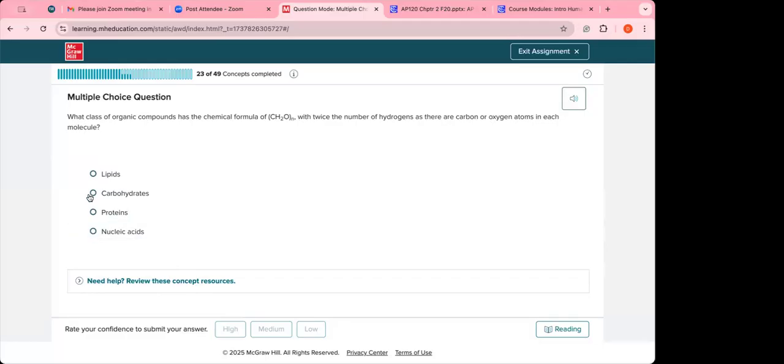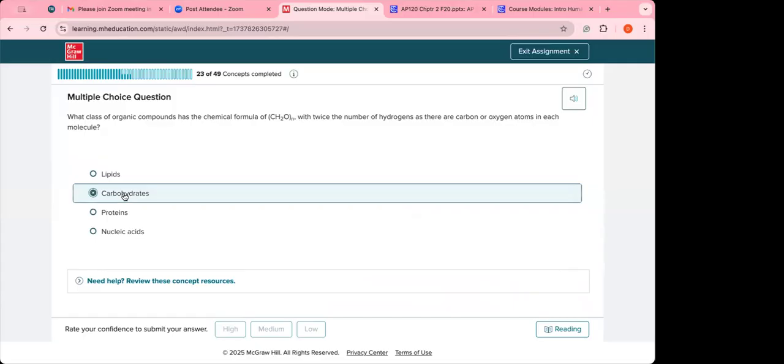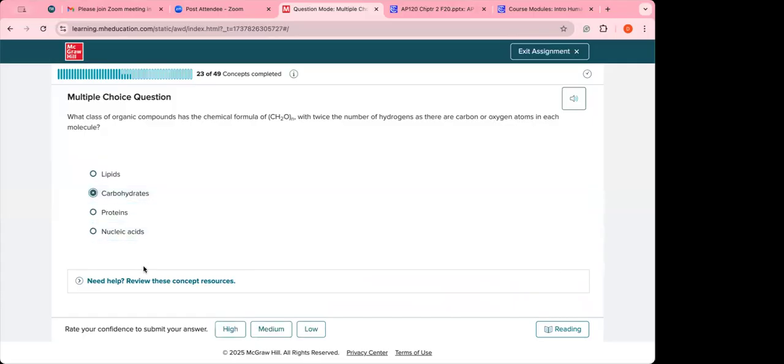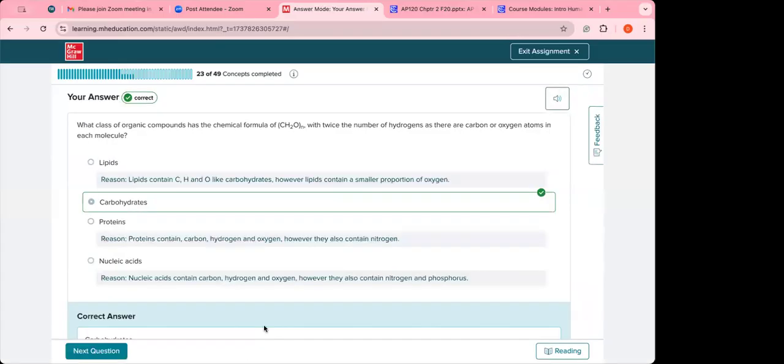That's a carbohydrate with twice the number of hydrogens as carbons would be carbohydrates. Like glucose, for example, if it has 6 carbons, it has 12 hydrogens. That's carbohydrates. I'm pretty sure that that's what they want.